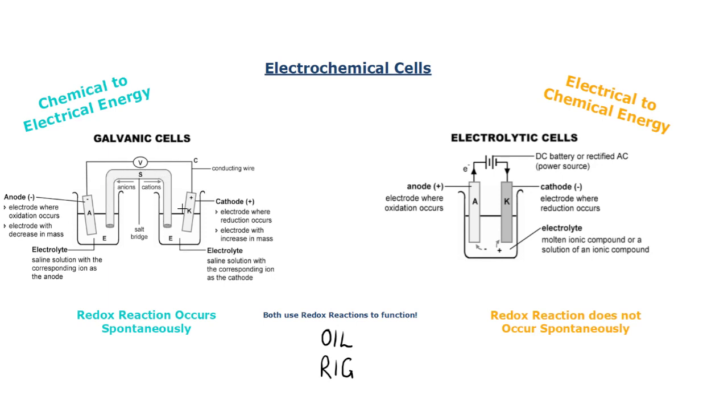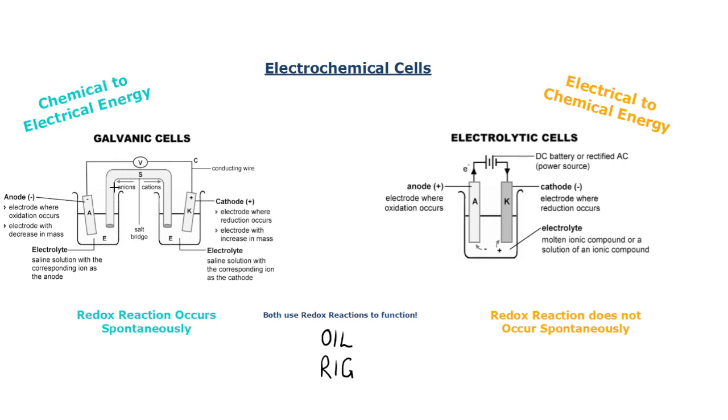On the right-hand side, where reduction takes place, this electrolyte solution fills up with negatively charged ions. The salt bridge allows cations to flow into this electrolyte, and so that balances out the negative ions that are left in there.